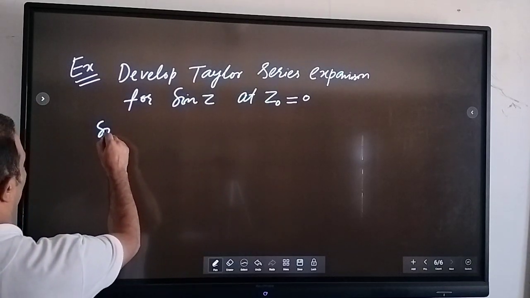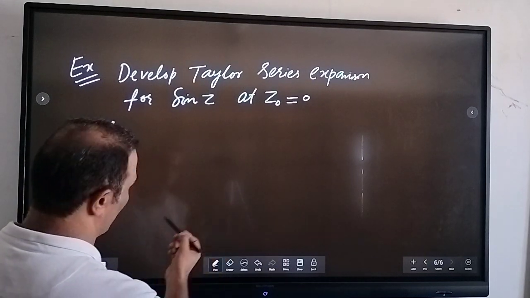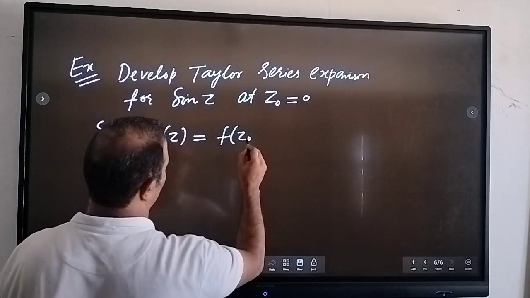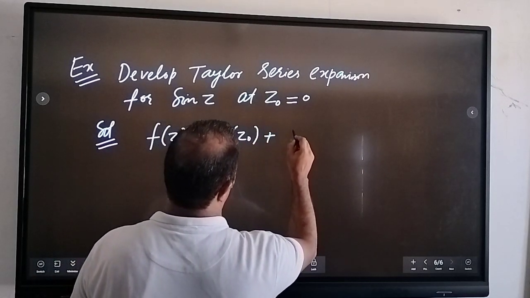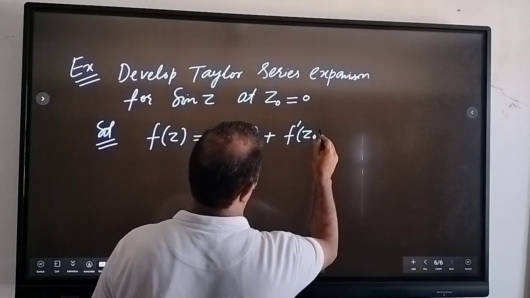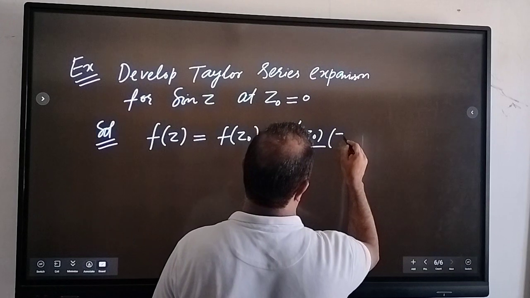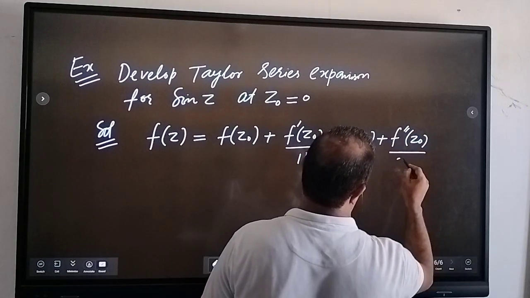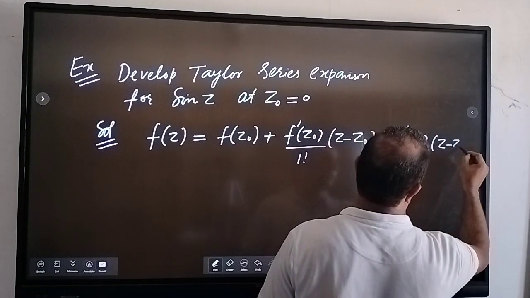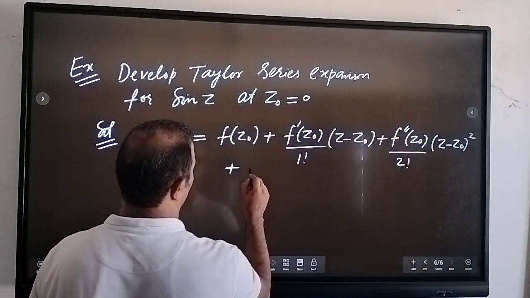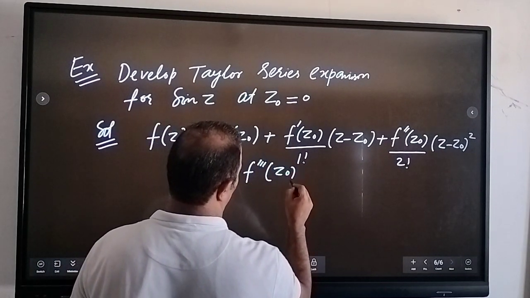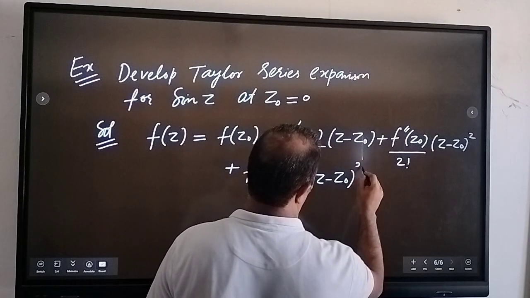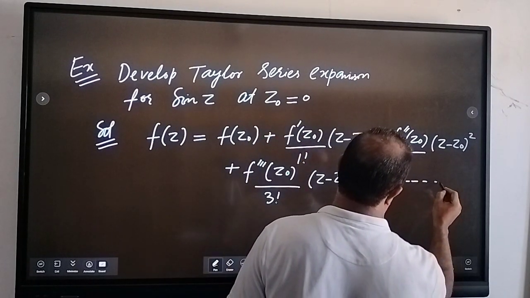Okay, let me write here. So first we know that our Taylor series expansion, f of z is f of z0 plus f dash of z0... Okay.